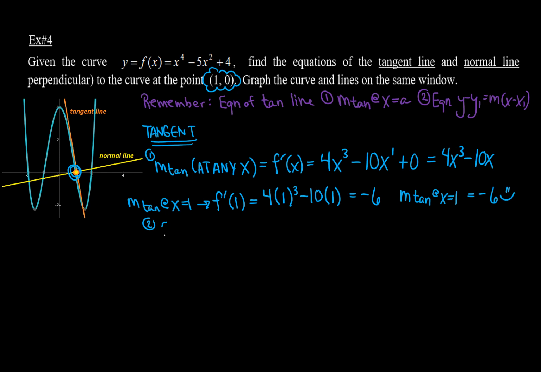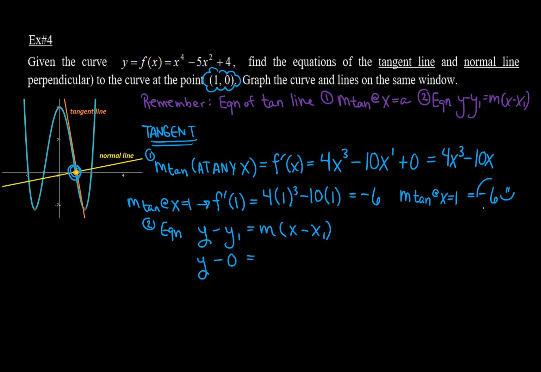Second part is the equation. So that's where I do my y minus y1 equals my slope times x minus x1. So my y coordinate for this point is 0. So I'm going to plug 0 into my y1.